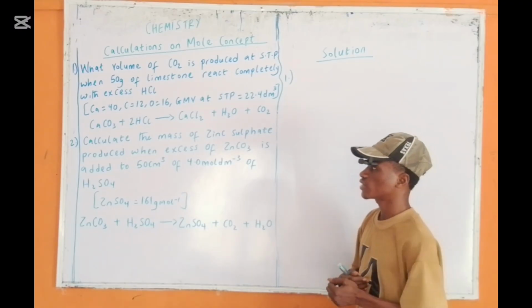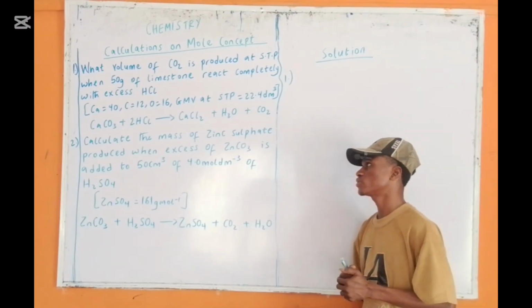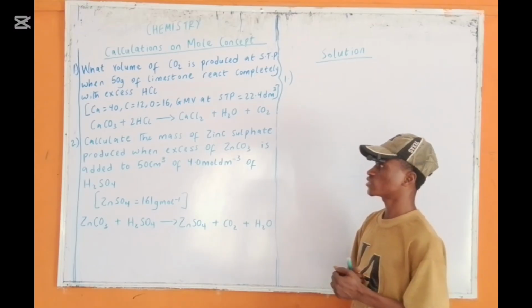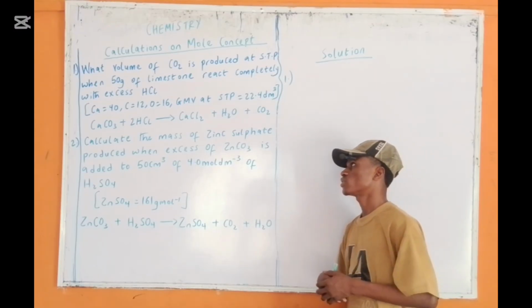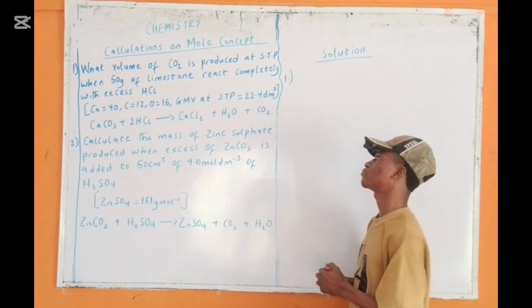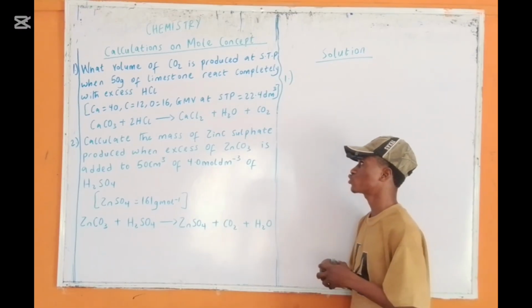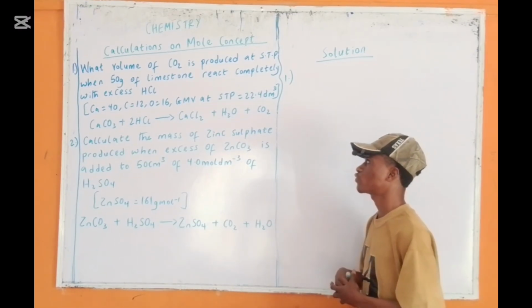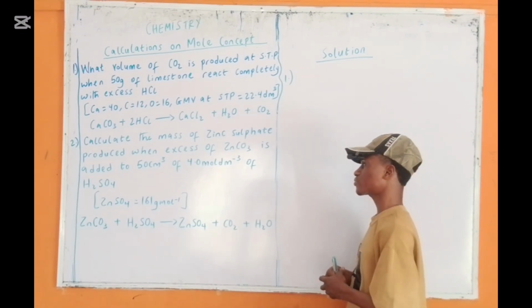Calcium is given as 40, carbon is 12, oxygen is 16. The GMV, which is the given molar volume at STP, equals 22.4 dm cube.